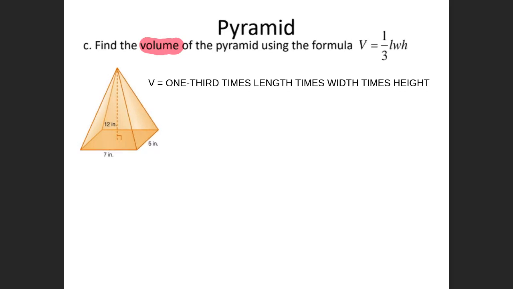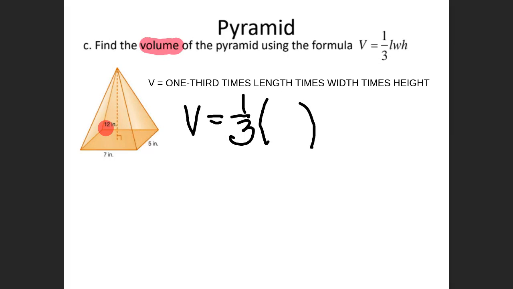with this. So therefore, you are going to look and see I have a 12, a 7, a 5. The 12 has 2 digits. Because it has 2 digits, this answer will be rounded to 2 decimal places, which means I now have V equals 1/3.